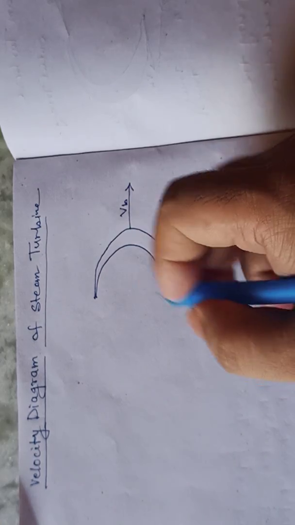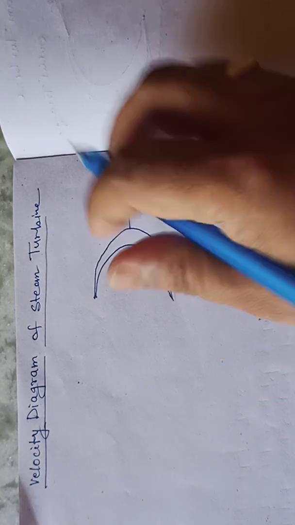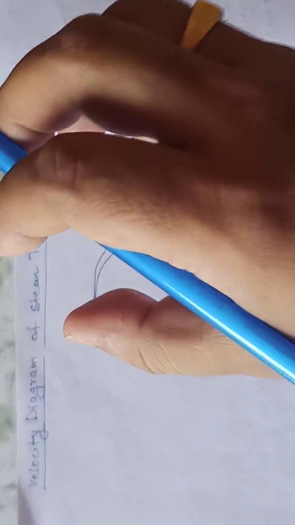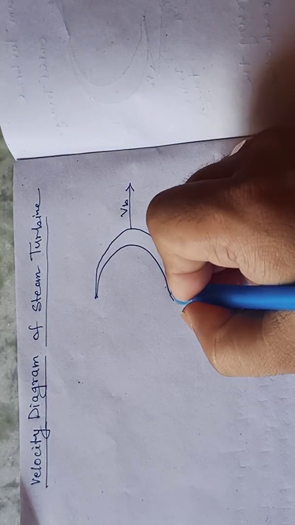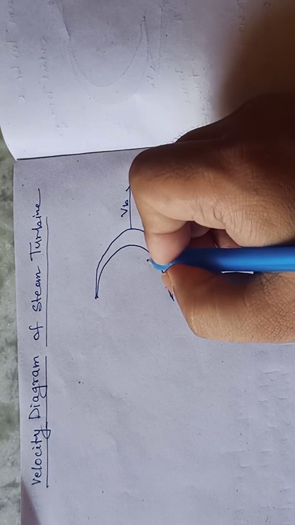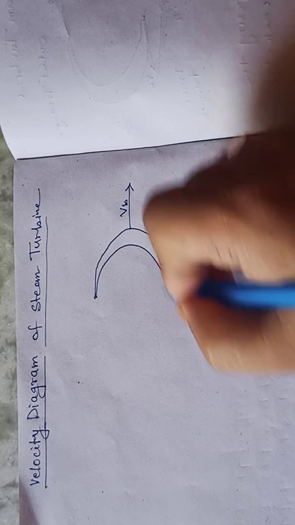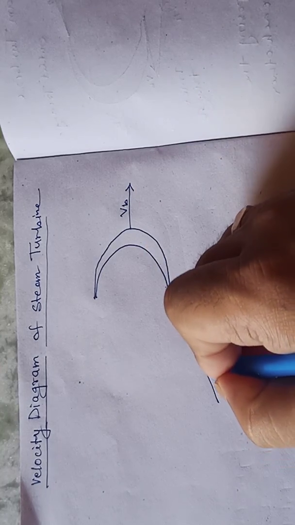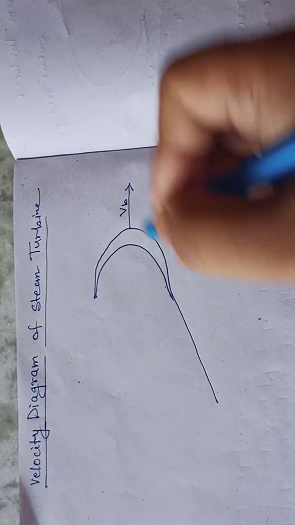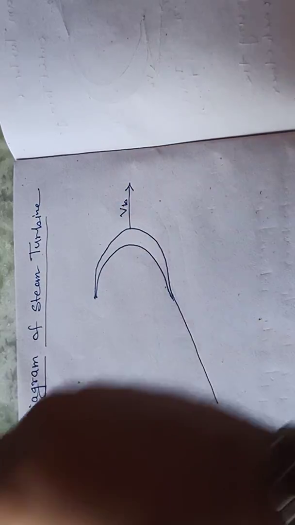As the steam is entering through the inlet direction and the blade is rotating, obviously the velocity which is entering this blade must be a relative velocity. This relative velocity will be in the tangential direction to this blade, entering the blade and going out.